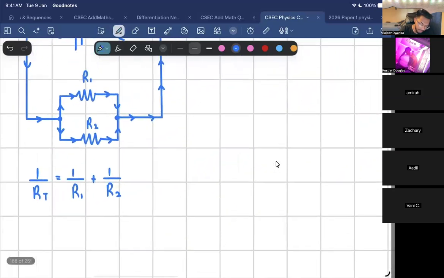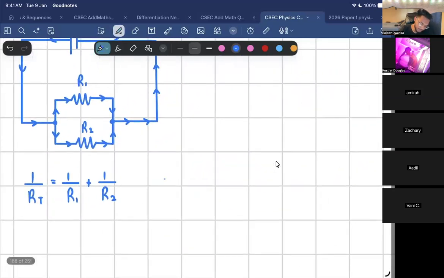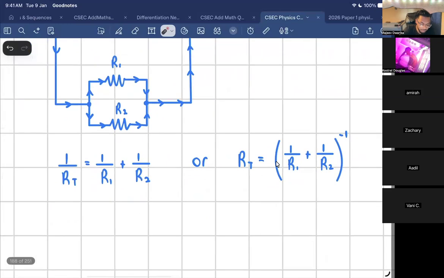But I don't advise students to do it like that. I just do it like this. I would say RT is equal to open bracket 1 over R1 plus 1 over R2, close bracket, to the power negative 1. And let me explain something fast. If you do it like this, you'd first have to add these two fractions.